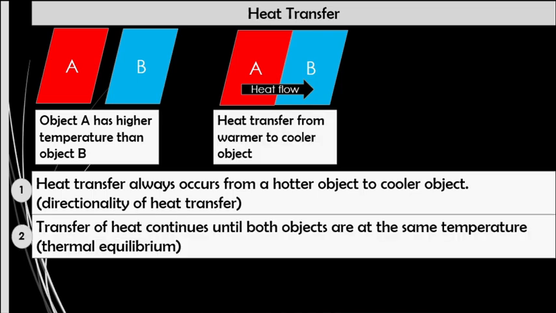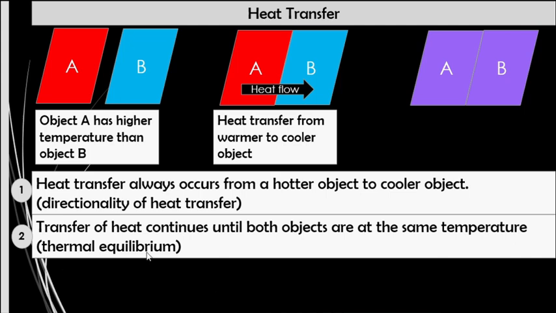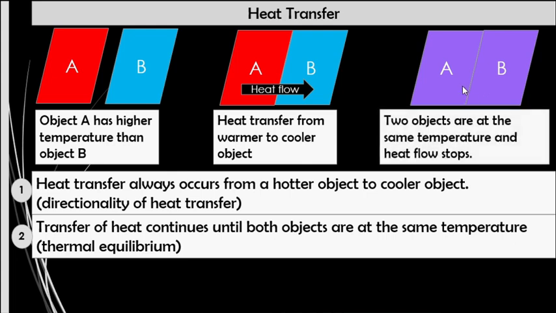And since they are in contact with each other, the transfer of heat will continue until both objects are at the same temperature, or they attain thermal equilibrium. If they are in thermal equilibrium, the two objects have the same temperature and heat flow will stop.